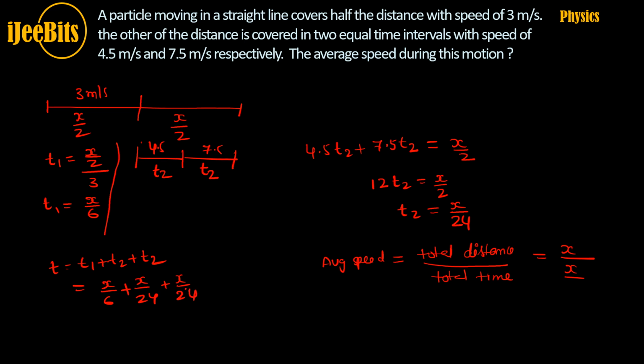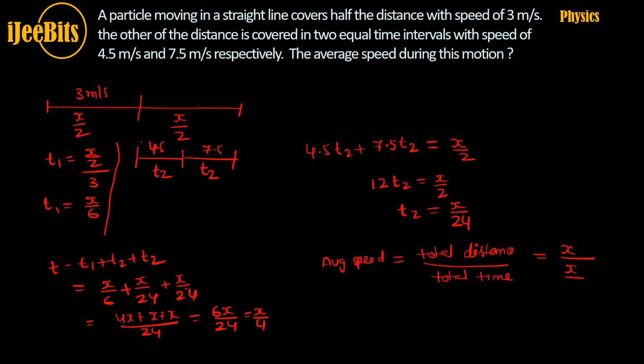Good. So how do you calculate this one? With denominator 24, this becomes 4x plus x plus x by 24. So 6x by 24. So it's nothing but x by 4.